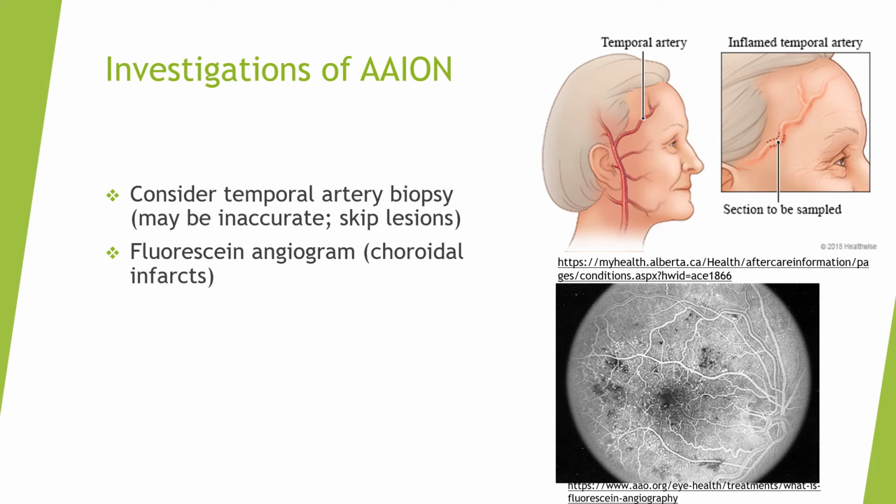Fluorescein angiogram would also be a good test to find out if the patient has AAION, and if the FA returns with choroidal infarcts in its results, that is pretty indicative of AAION.